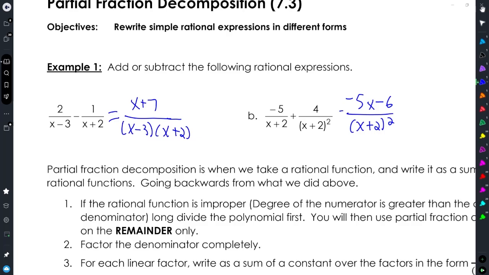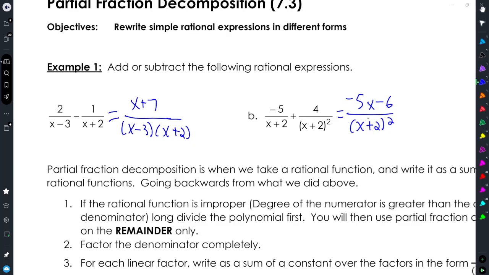So what partial fraction decomposition allows us to do is go backwards. If I gave you x plus 7 over x minus 3, x plus 2, what two fractions did we add to get that? Well, that was 2 over x minus 3 minus 1 over x plus 2. So we're going backwards.